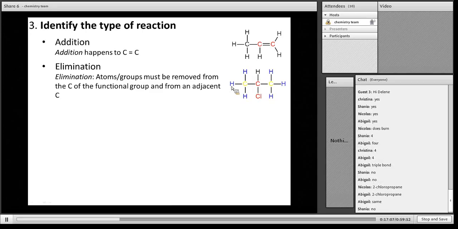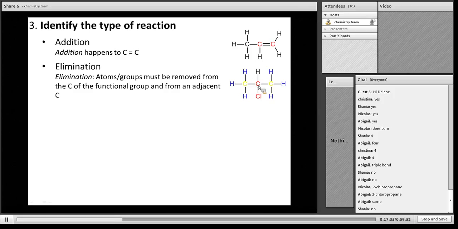If I remove this hydrogen down there, so I've got that one, and this carbon, so I've got 3 atoms, but where will the 4th bond go for the 2 yellow atoms? It can't go to this red one, because the red one has already got 4 and it cannot go up to 5. So it always has to be adjacent carbon atoms.